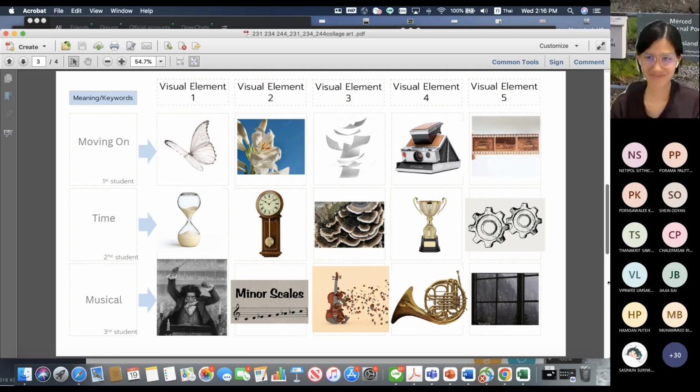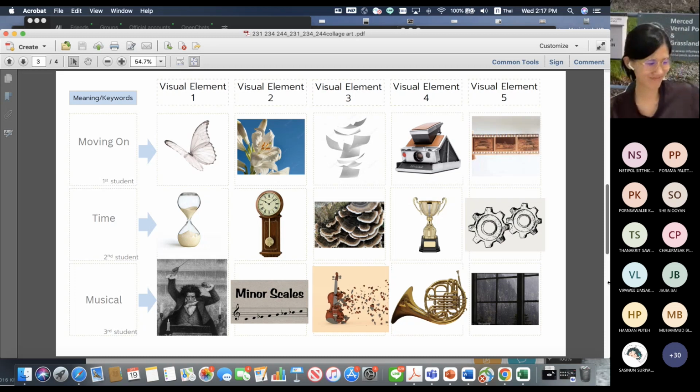For the visual elements of time, the first one I choose is the sand clock, and the second one is the pendulum clock, which is clearly a representation of time itself. For the third one, I choose the mushroom, because whenever a mushroom grows on some object, it means that the object is very old or at least has been left unmaintained for a very long time.